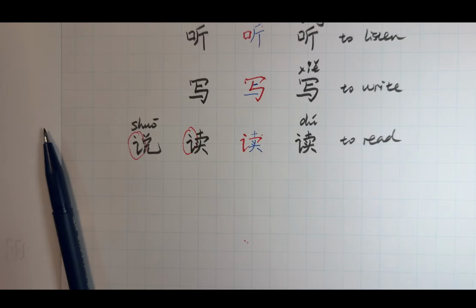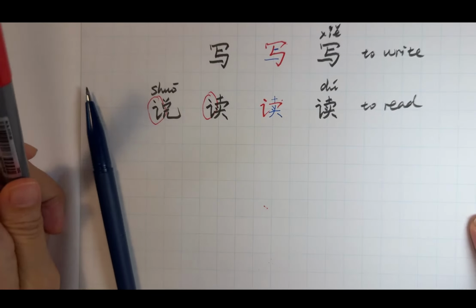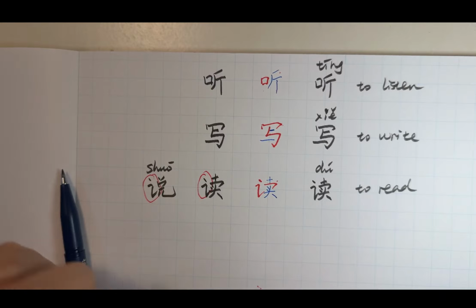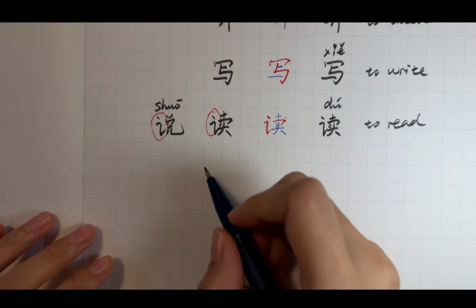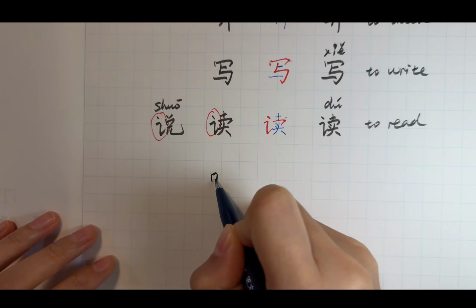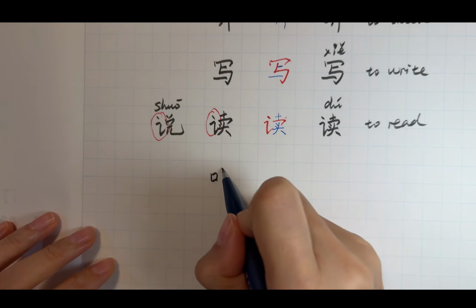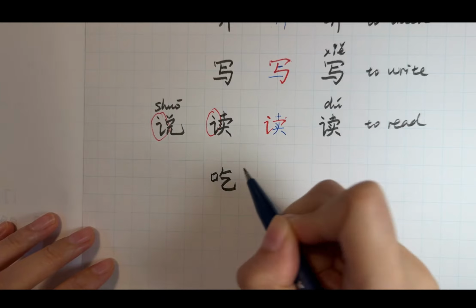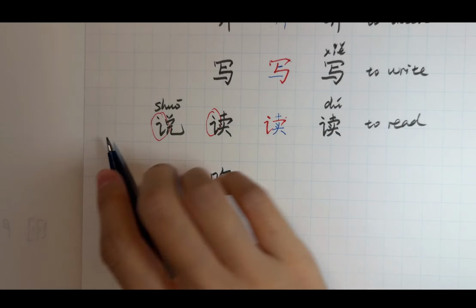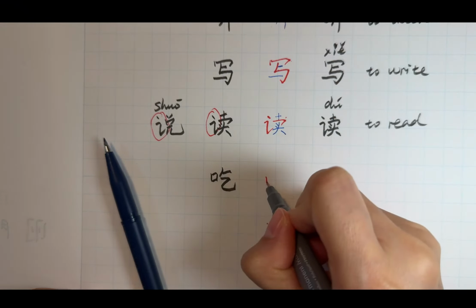Okay. So let's write. Just now we have 听. 听 has the 口字旁, mouth radical. So 吃, of course we use mouth to eat. 我们有一个口字旁. This one is a little bit tricky. So 吃, of course, we use mouth.